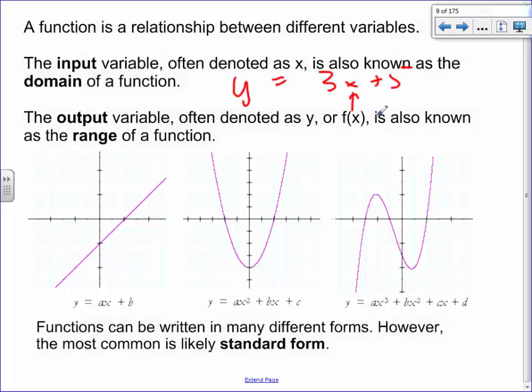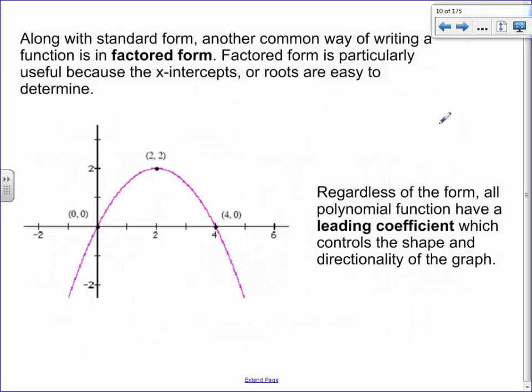X could be 1 or 2 or 3 or 7. So that's your domain. Your output is what you get back from it when you're done. So if I plug in 1 for x, 3 times 1 is 3, plus 5 gives you 8. That's an output. This is an input. That's an output. This is a domain. That's a range. All right, cool. Moving on.